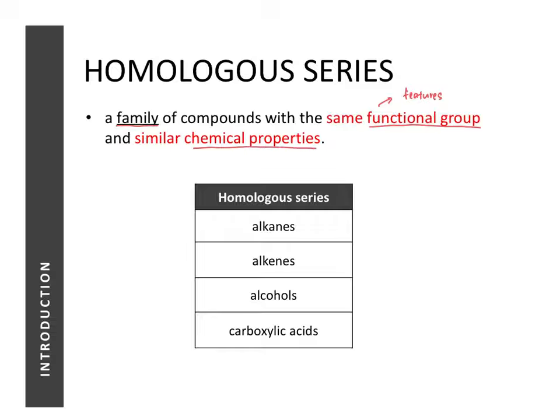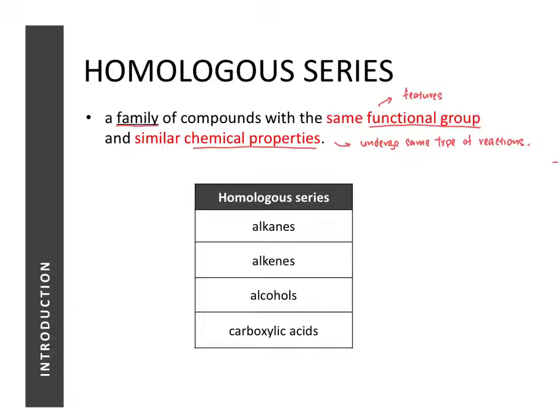What do I mean by chemical properties? It means that they undergo the same type of reaction. So a homologous series simply means a family of compounds that share the same features of functional group and behave similarly, undergoing the same type of reactions.